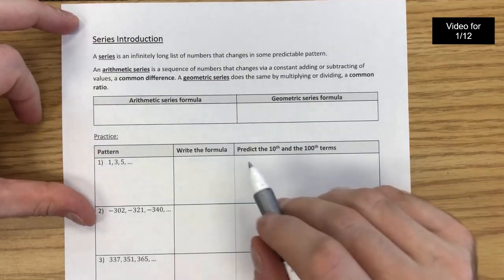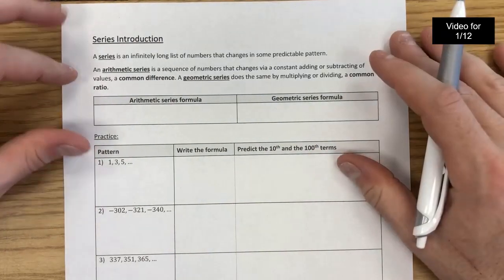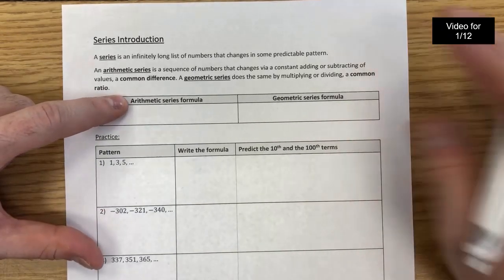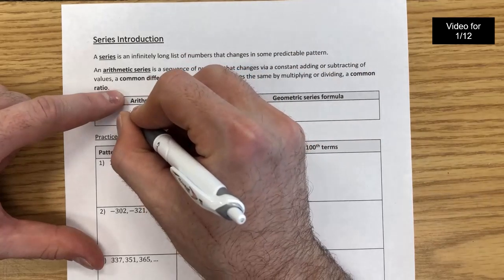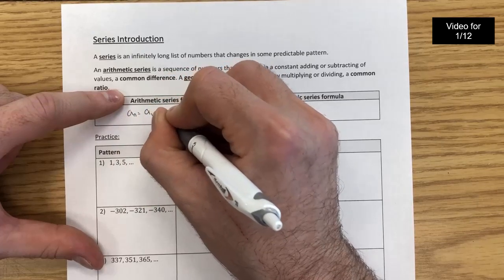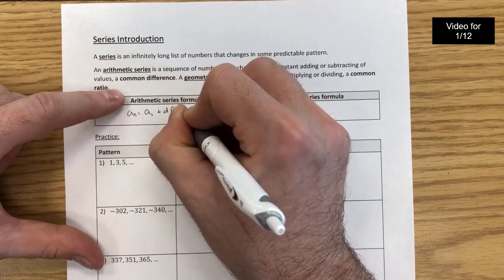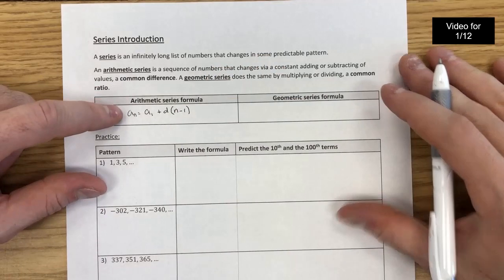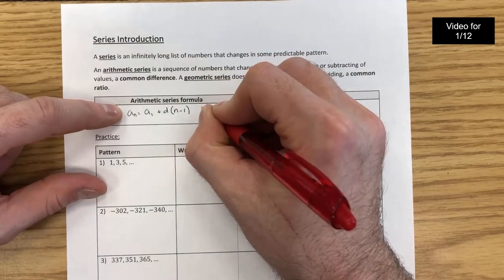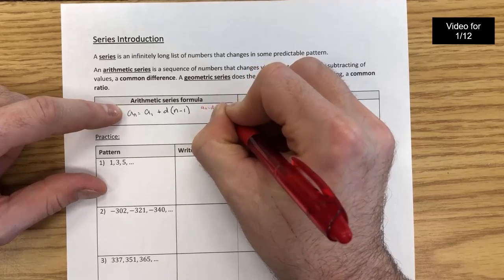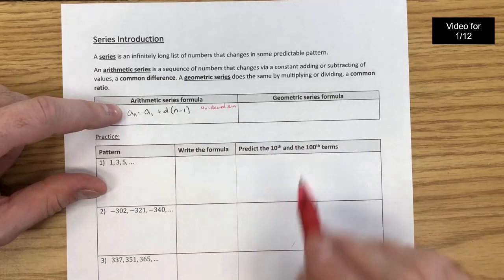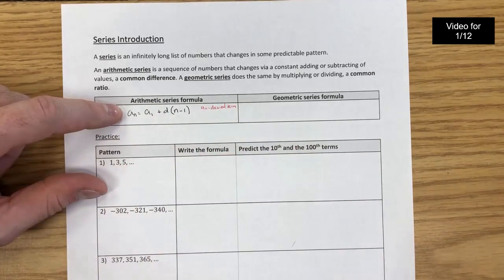Now, we can come up with a couple different ways to do this, but the general idea is that to find a spot in a series arithmetically means we're going to find what we call a sub n, which is going to require a sub 1 plus the difference times n minus 1. And we've got a couple things to label here. We know our a sub n is our desired term. So if we want to find, let's say, the 10th or the 100th, it's got to be our a sub n.